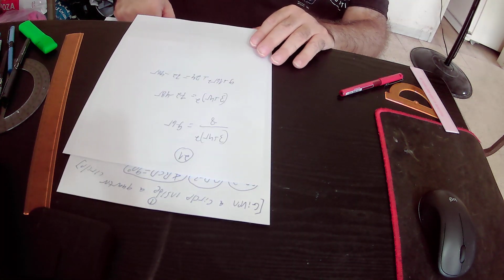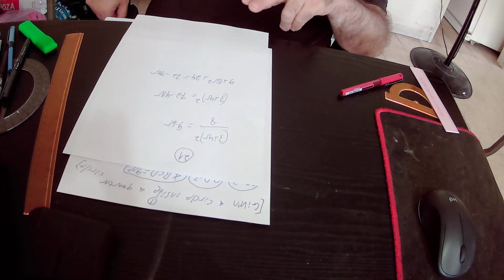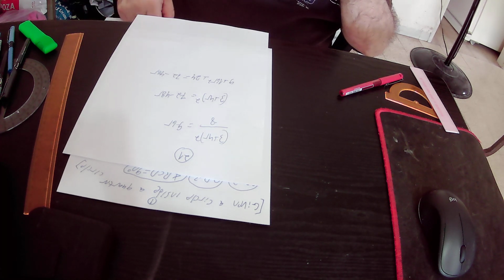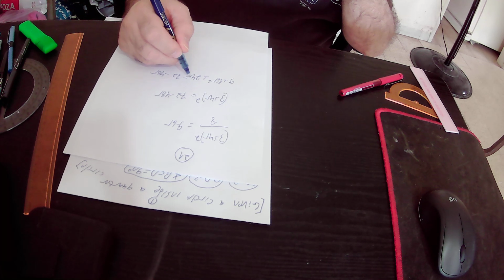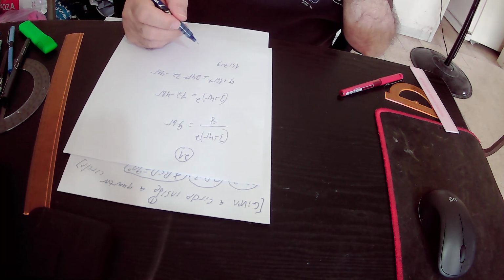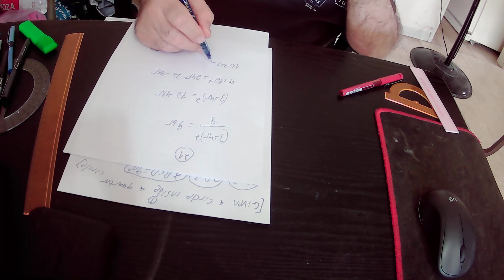Okay, so here we will add 48r to this equality, and we will get 16r squared plus 9, 24 plus 48 is 72r.